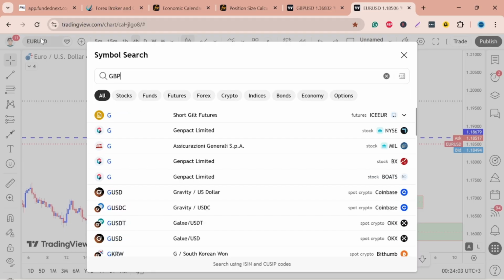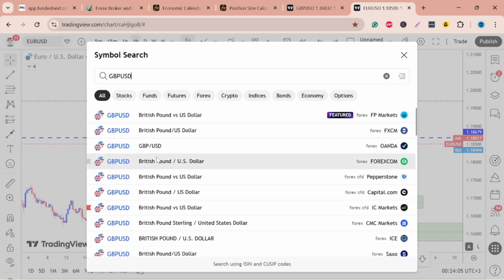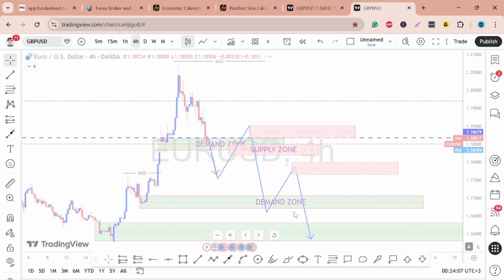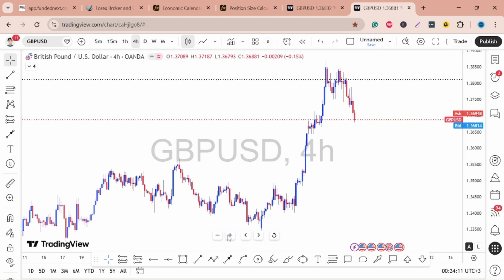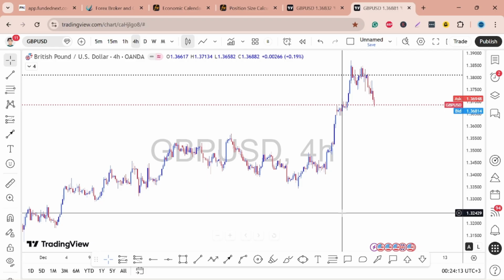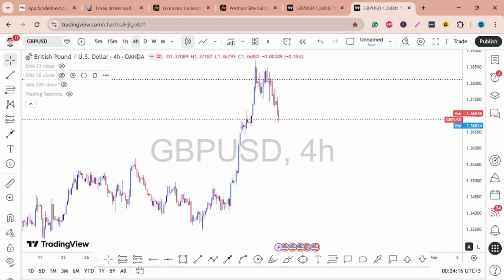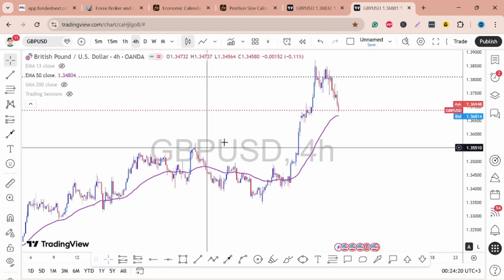Now GBP USD. GBP USD is a similar case to Euro USD. Currently the price is overly overstretched. Let's have the 15 EMA and see what's happening on the price.